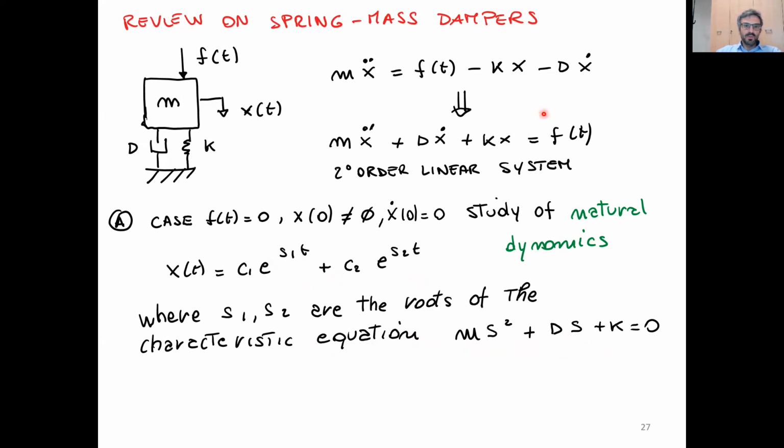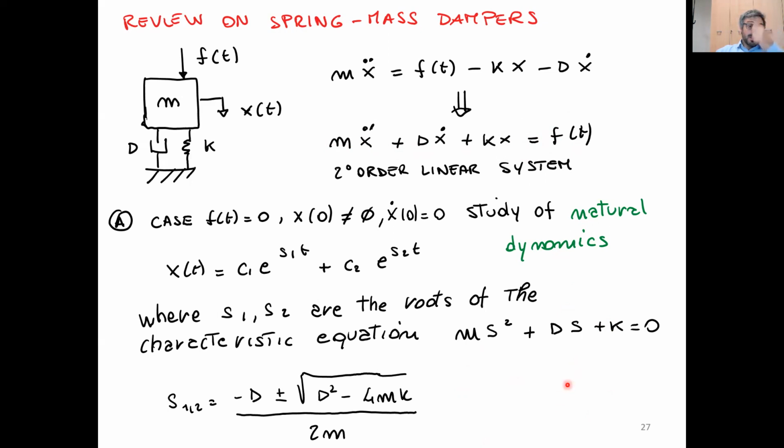of the characteristic equation of the transfer function, because if you do the Laplace transform, this goes to the denominator. Your input is F, your output is X, and in the denominator you have 1 over ms squared plus bs plus k. The roots of this characteristic polynomial are these, and we see here that these roots depend on the value of this argument under the square root.